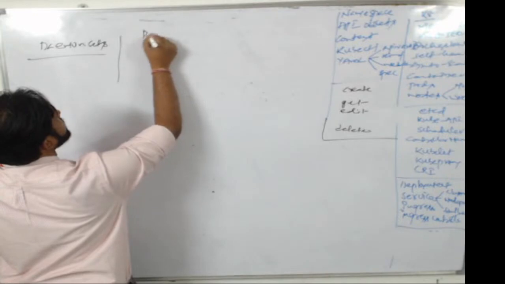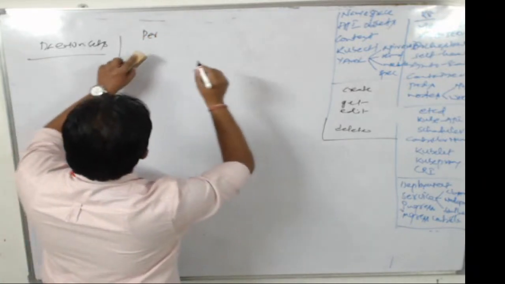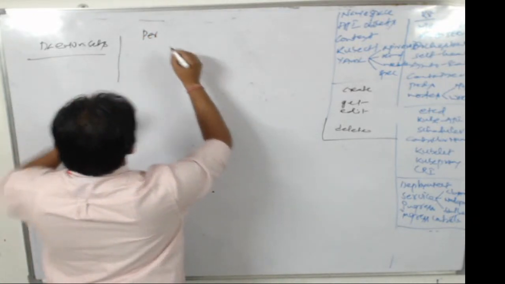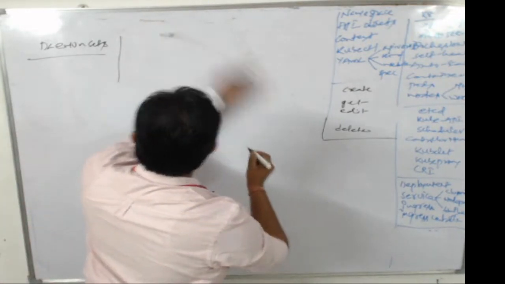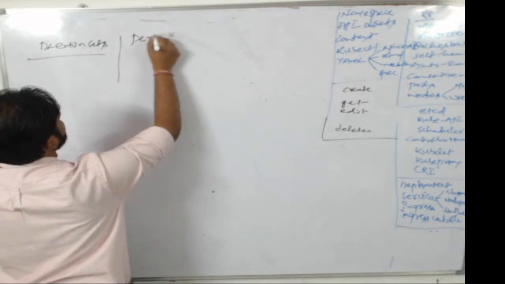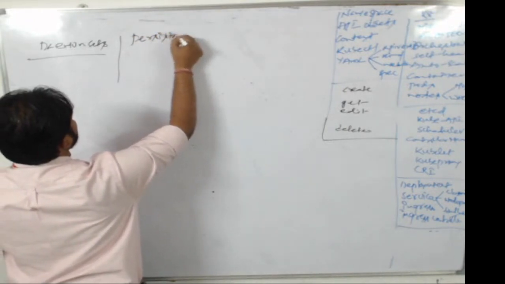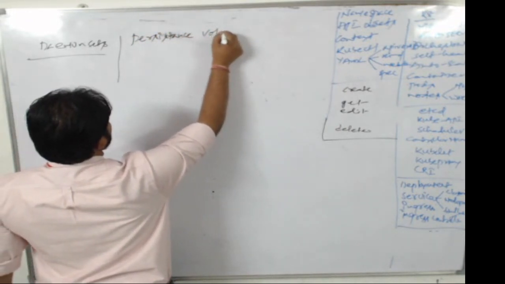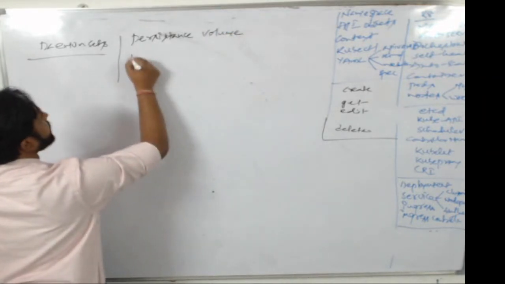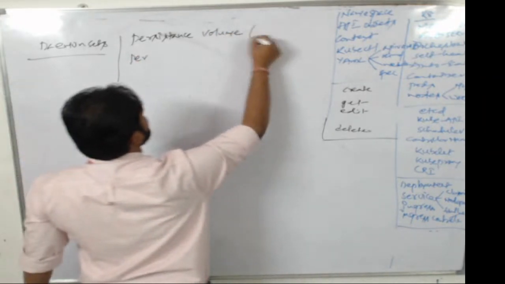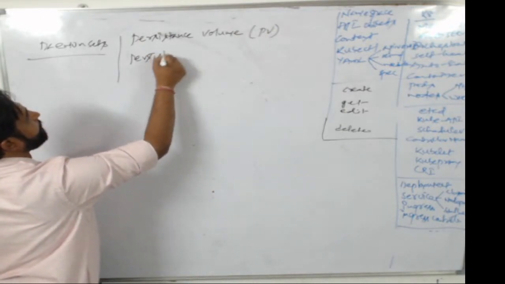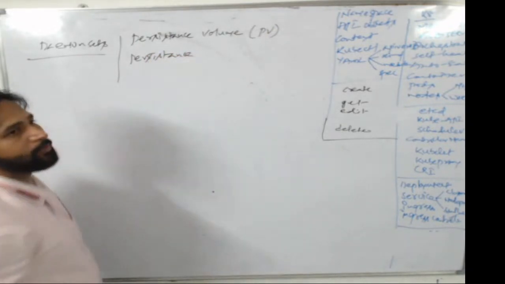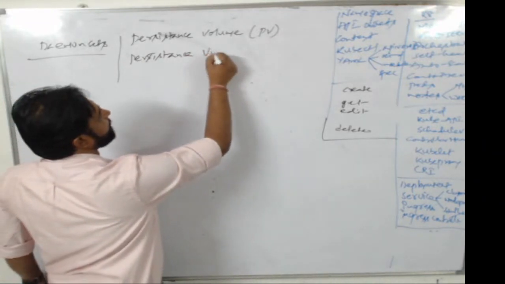Then persistent volumes. Persistent volume, this is called PV, popular. Persistent volume claim.